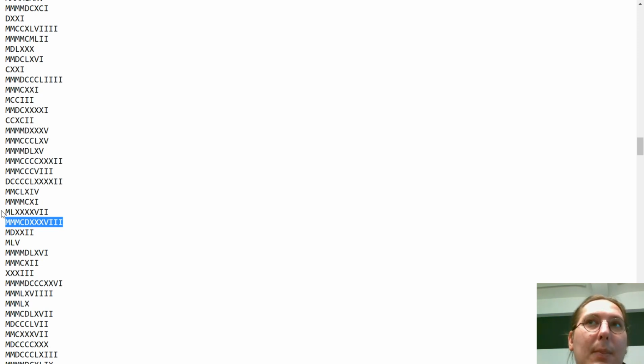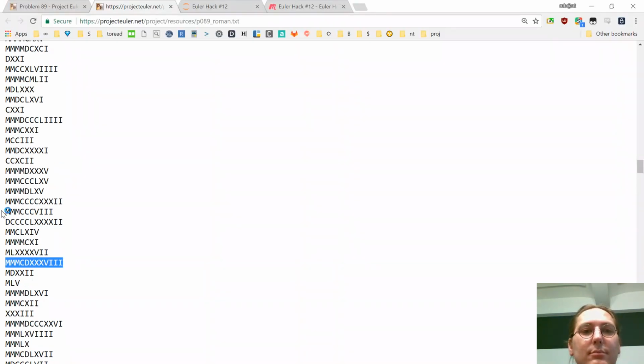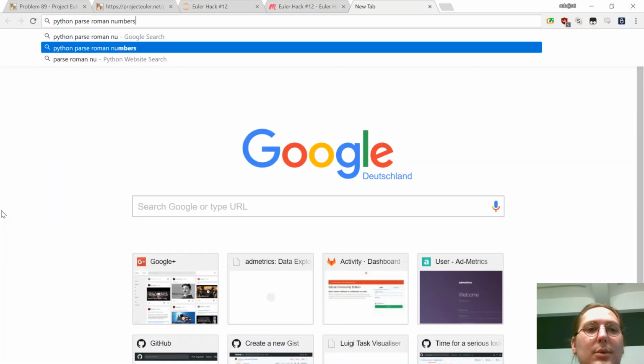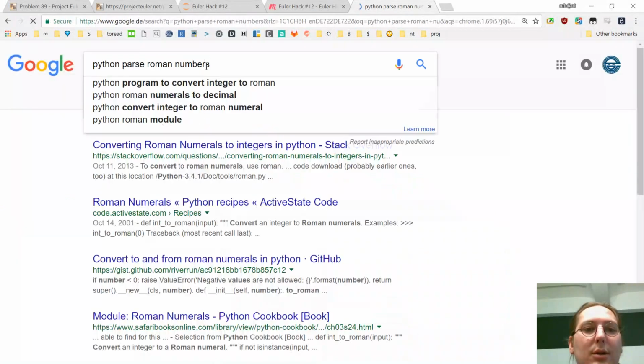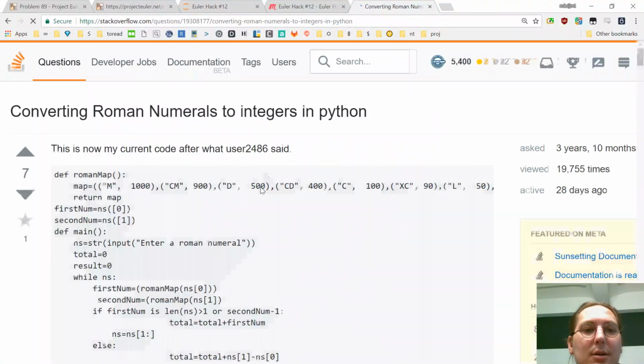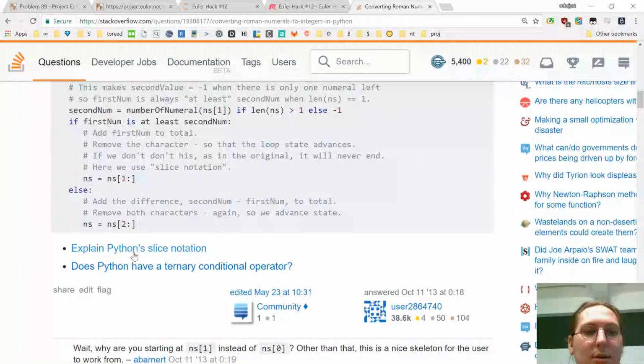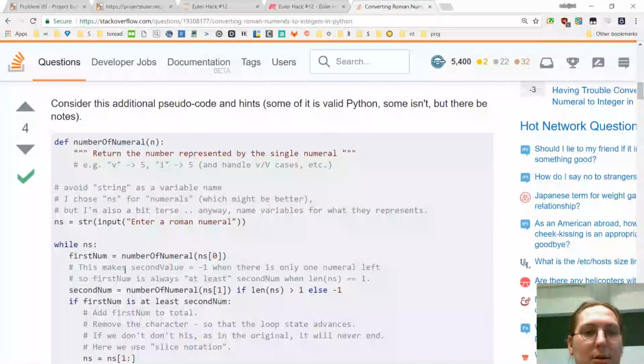So you need a program, just on Google, to convert these 1000 to numbers. And now we can also skip it. Well, converting. Okay, that's nice.